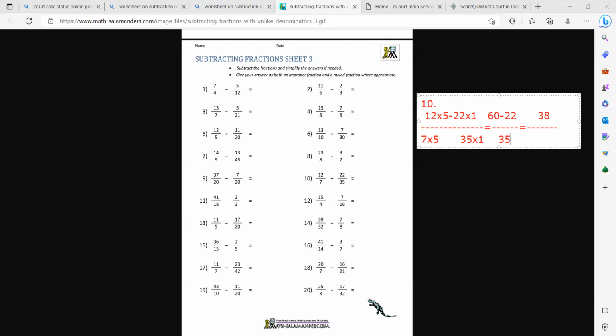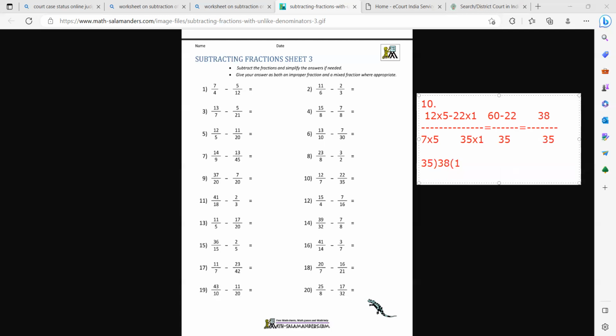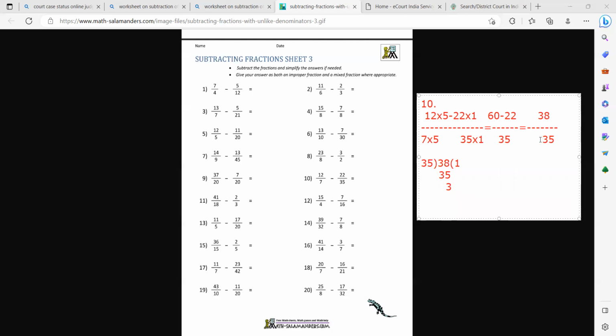And the denominator will be 35. So now 38 divided by 35 will give us the answer as 35 into 1 is 35. 8 minus 5 is 3. So 1 whole 3 by 35 is the correct answer.